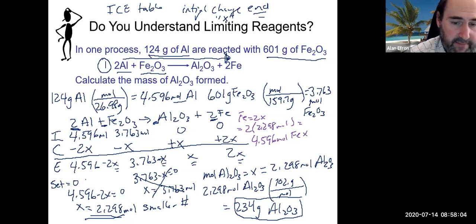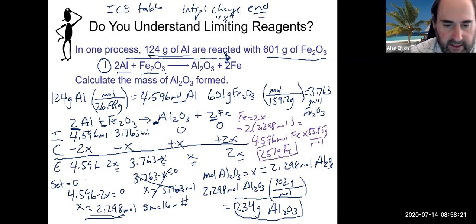And you could times that by 55.85, which is the molar mass of iron, and you would see you produce 257 grams of iron very quickly, which wasn't asked in here, but you can see really quickly you could figure that one out.